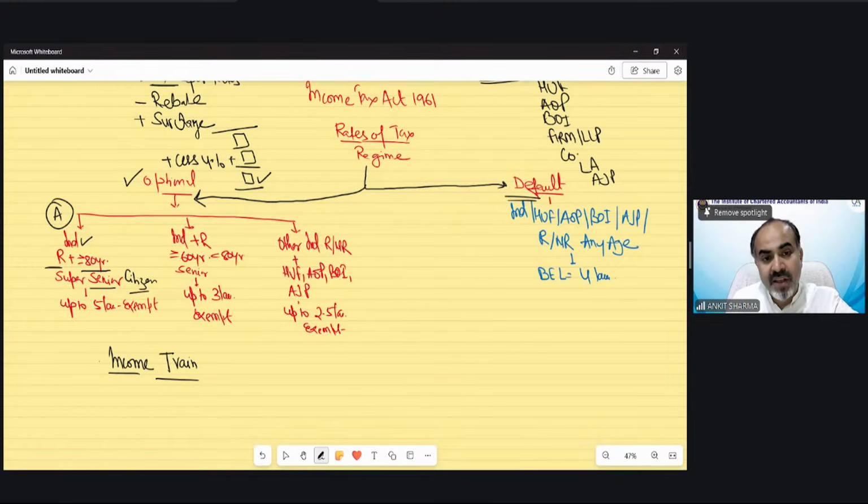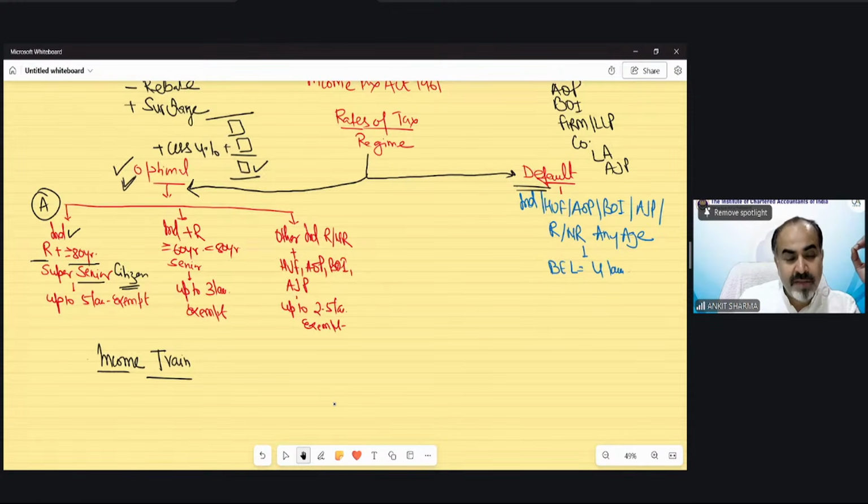We are discussing the concept of rate of tax under the optional scheme first. We will discuss the default tax scheme later. So suppose there is an individual who is resident in India, age is 80 years or more, he will be called a super senior citizen.